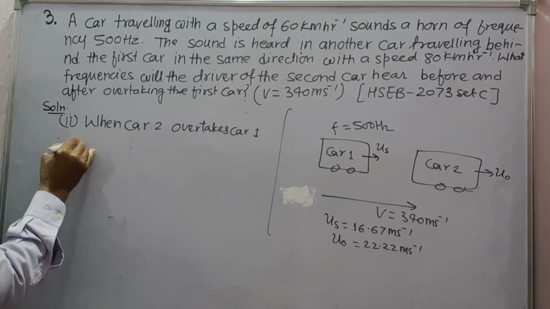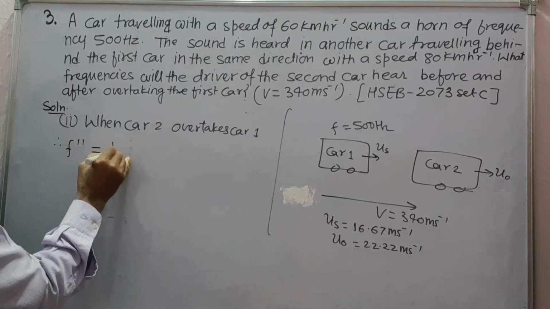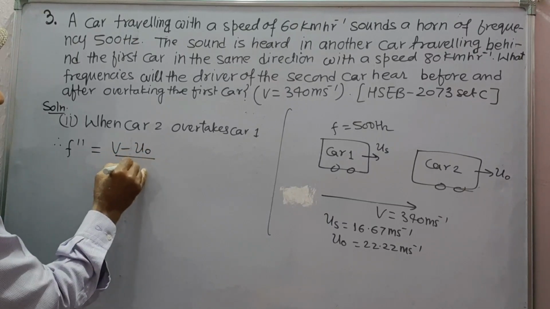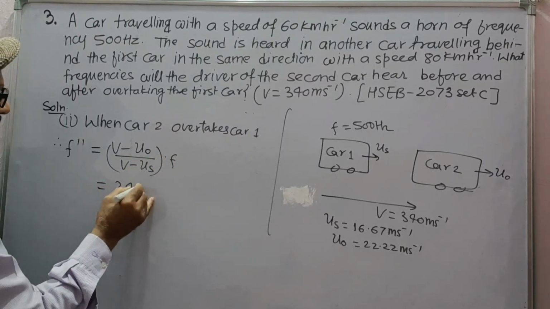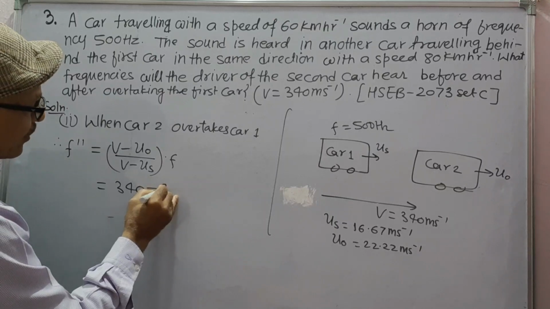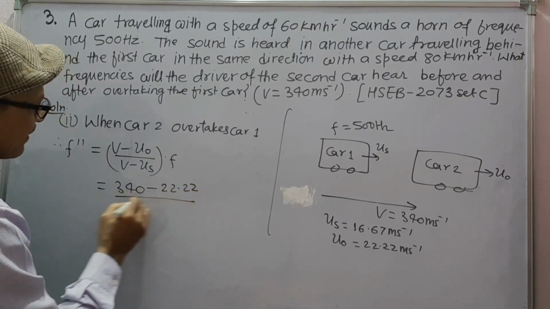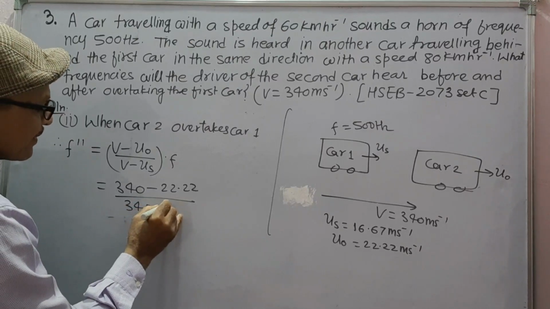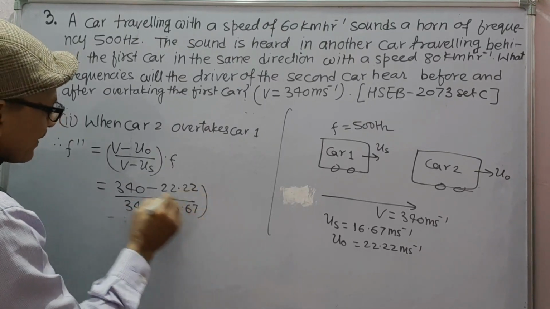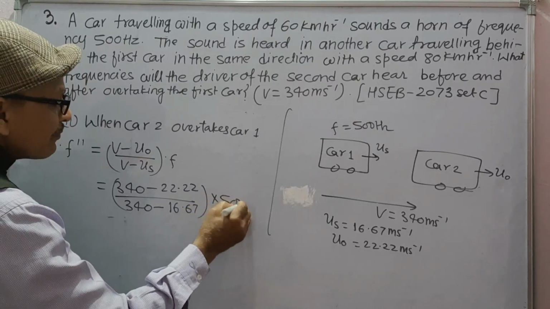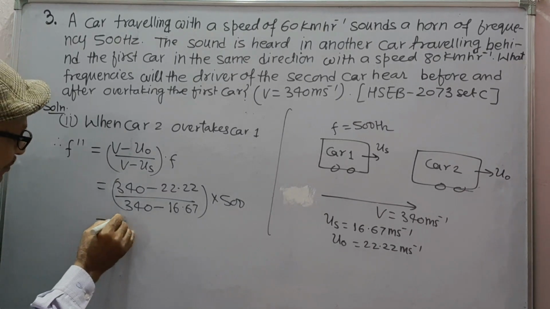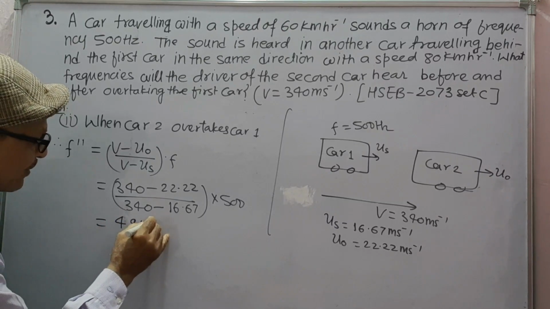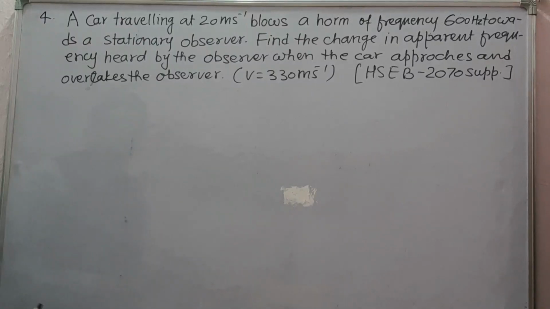Therefore, F double dash, which is new apparent frequency, will be (V minus UO) upon (V minus US) into F, 340 minus 22.22 upon 340 minus 16.67 into 500, which gives 491.4 Hertz.